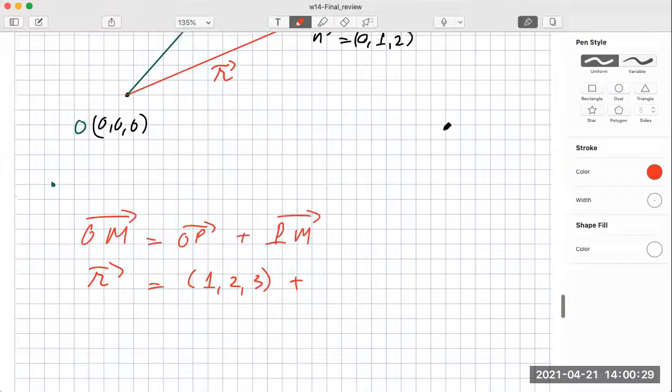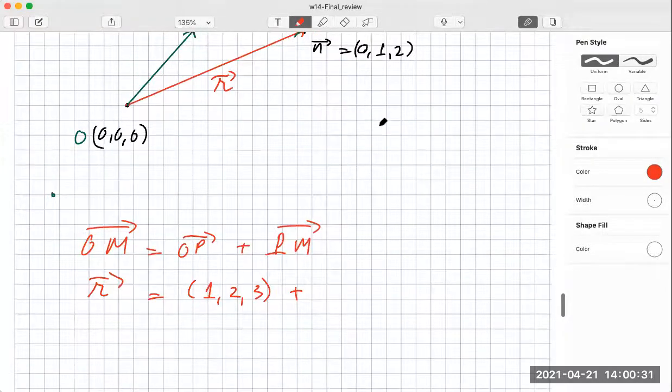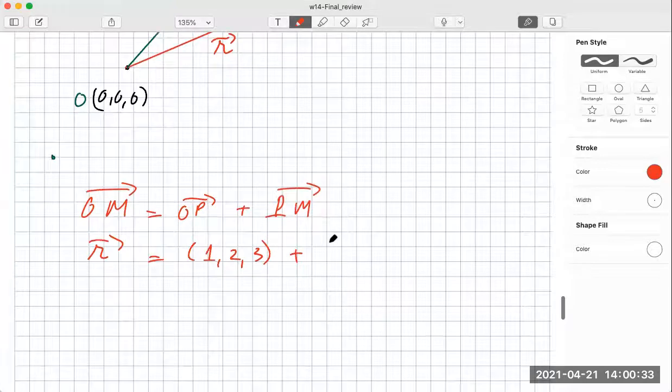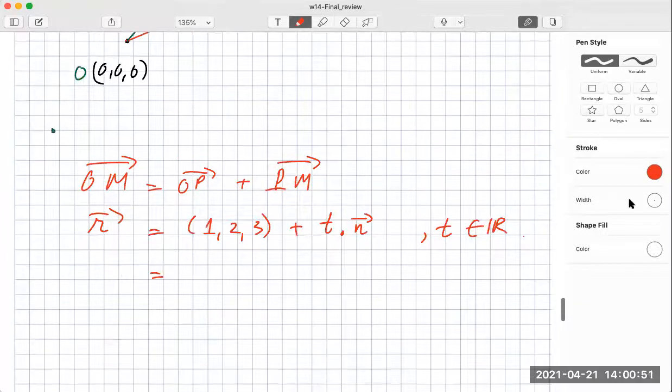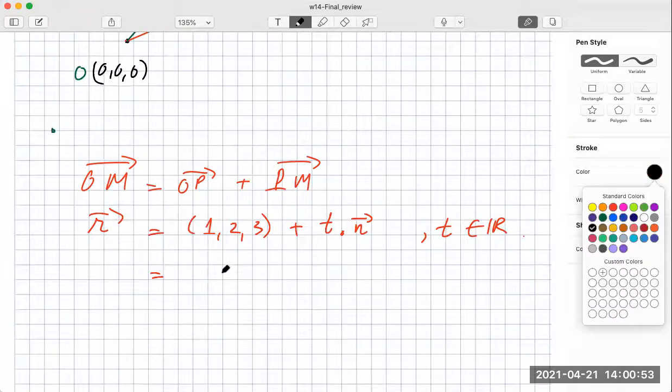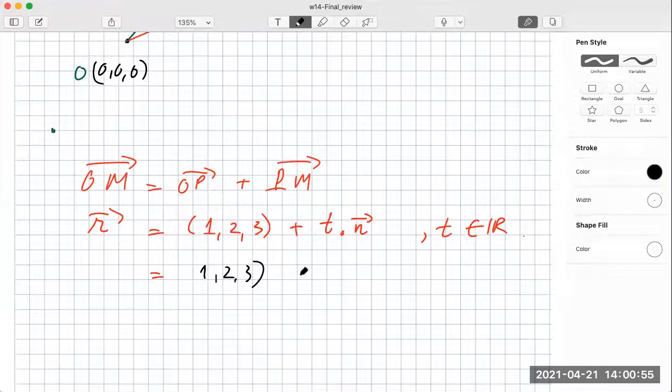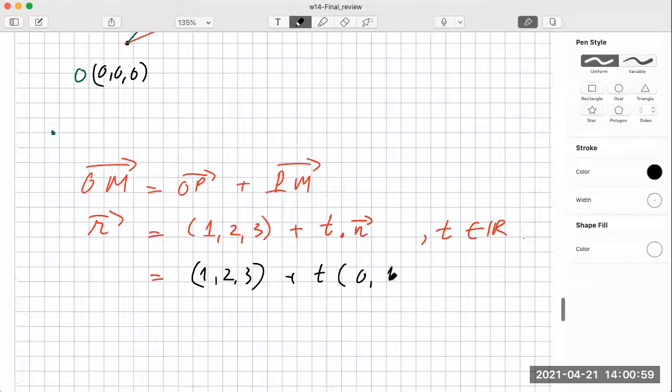And remember, if it is parallel to the vector n, we can always write it as t times the vector n, where t is a number, right? And the vector n here, we know this. What is it? Very good. 0, 1, 2.